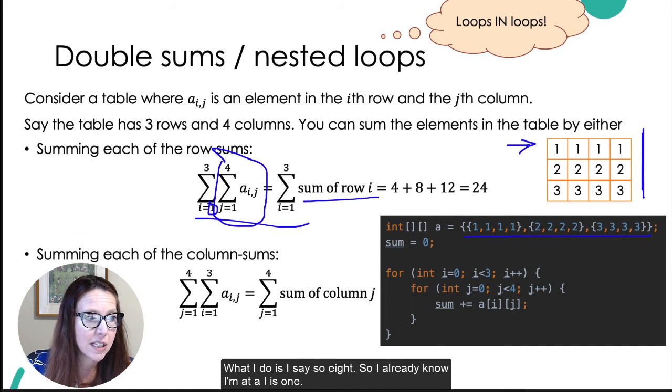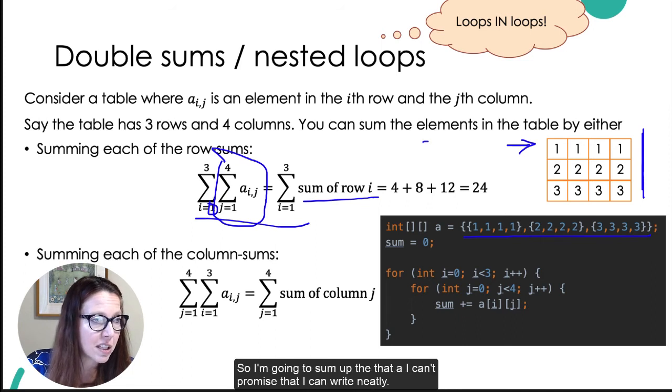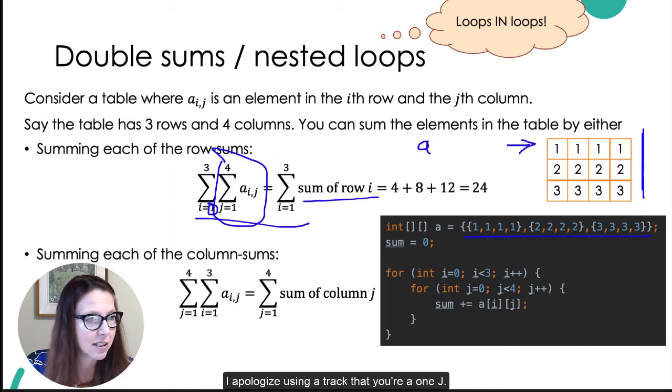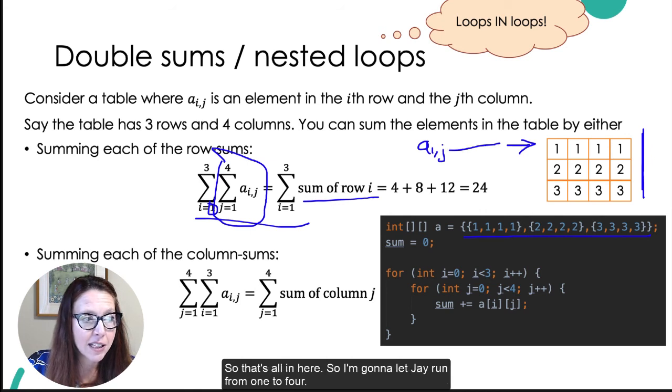what I do is I say, so I already know I'm at A, I is 1. So I'm going to sum up that A1J. I can't promise that I can write neatly, I apologize, I'm using a trackpad here. And so I'm going to let J run from 1 to 4.